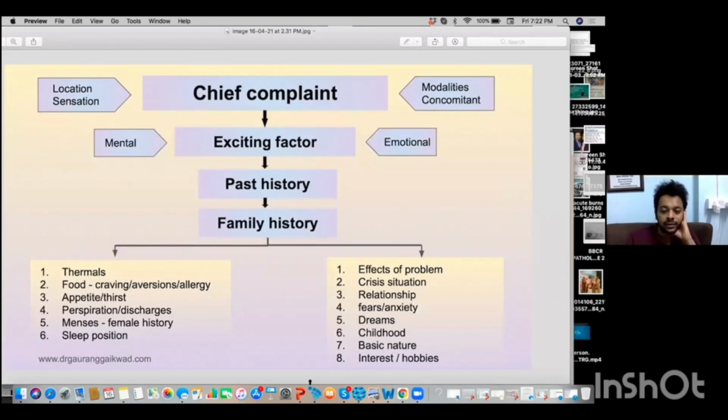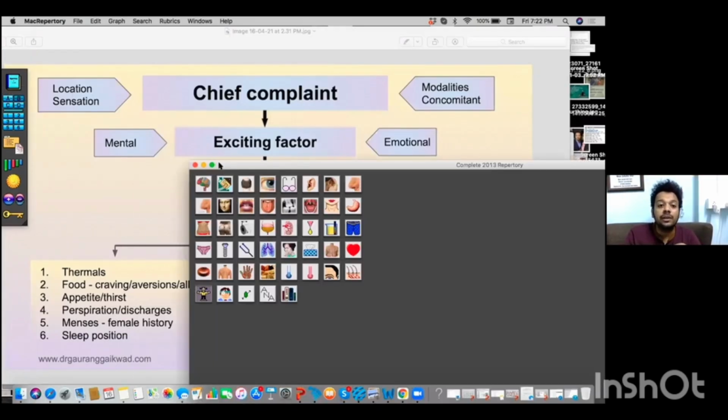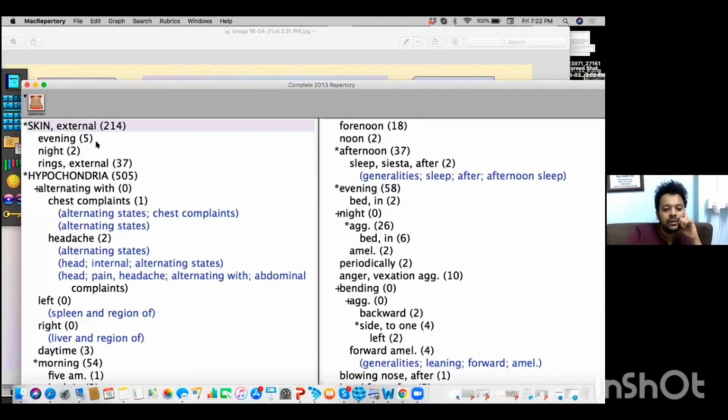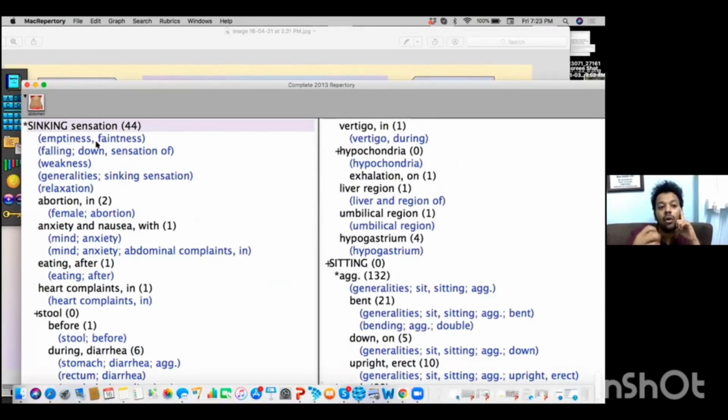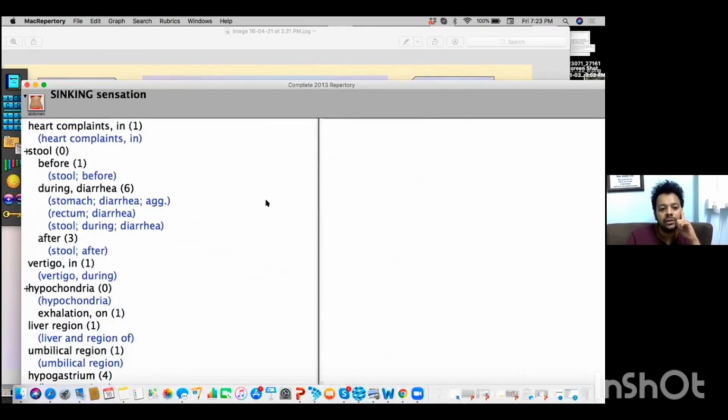I had a very interesting case of diabetes, and this man with diabetes used to have a strange sensation, and the main sensation was a lot of sinking feeling in the pit of the stomach. A lot of sinking, a lot of hollow feeling at the pit of the stomach.